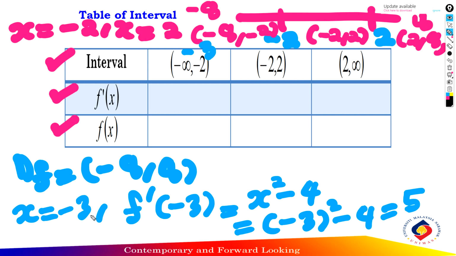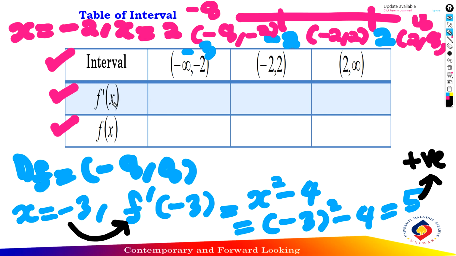Okay, when x equals negative 3, you substitute into the first derivative, and the first derivative here equals 5. Yeah, and then the sign is positive.